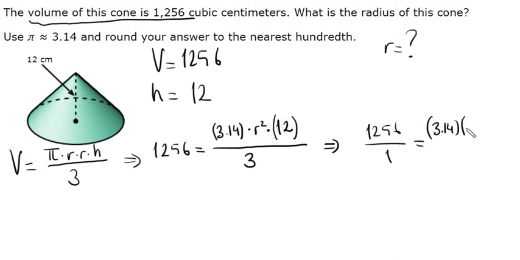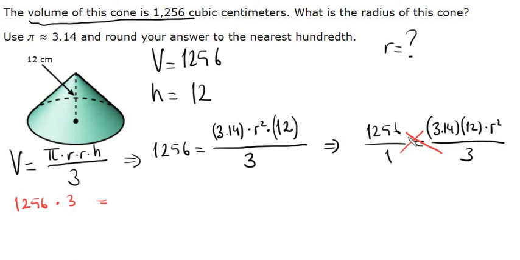So I can change the order. 12 times r squared divided by 3. And then let's do the cross multiplication. 1256 times 3 is going to be equal to 1 times 3.14 times 12 times r squared.